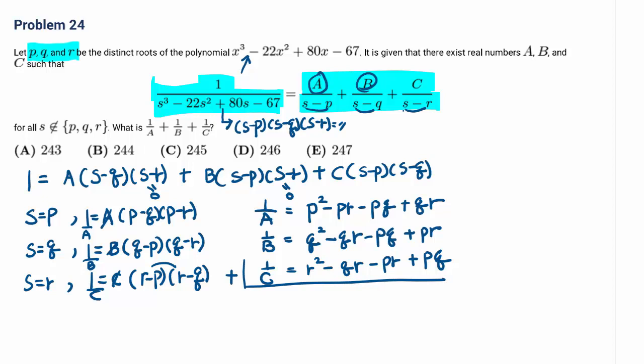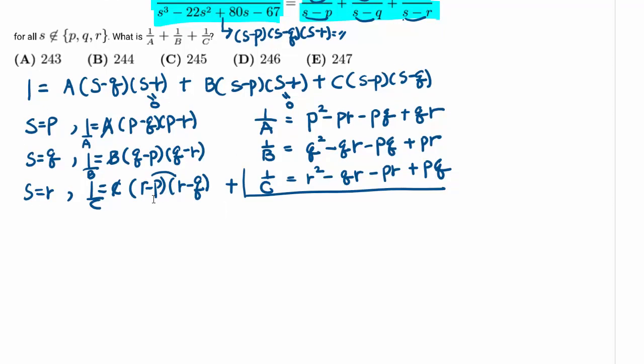When you add these, 1 over A plus 1 over B plus 1 over C equals p square plus q square plus r square.